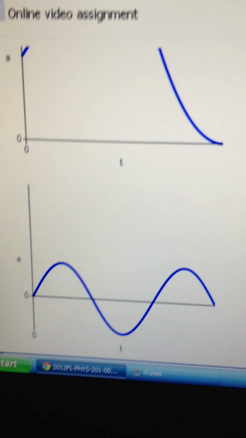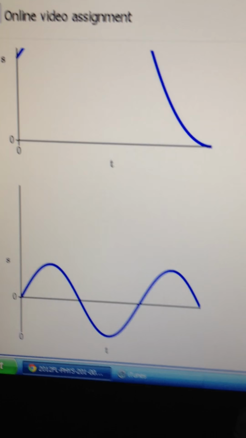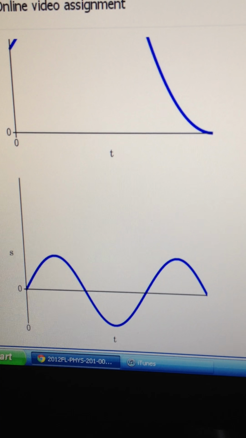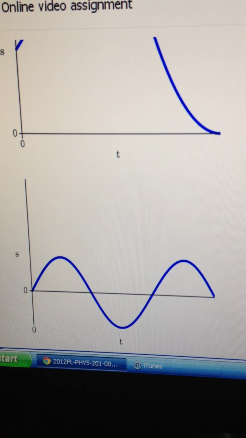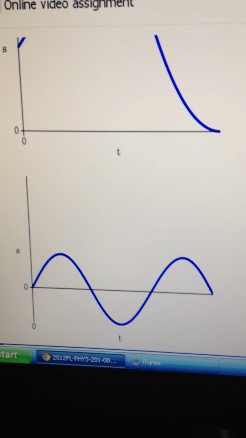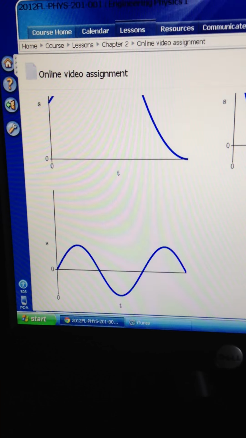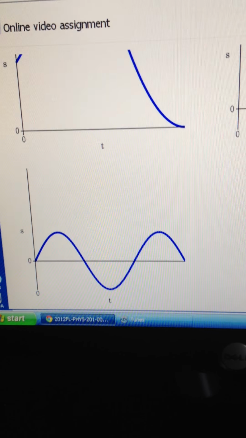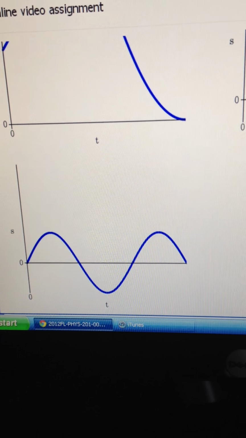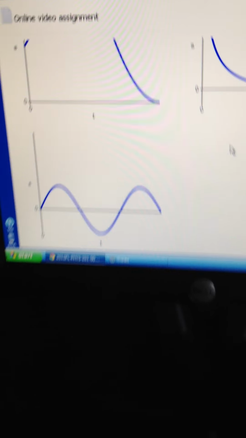And this last one is a tricky one. It starts out at 0 and it starts into the positive direction. It starts out pretty quick, but it's always slowing down or speeding up. So this one would look like something like this.